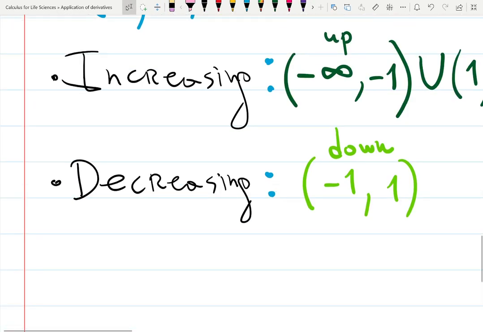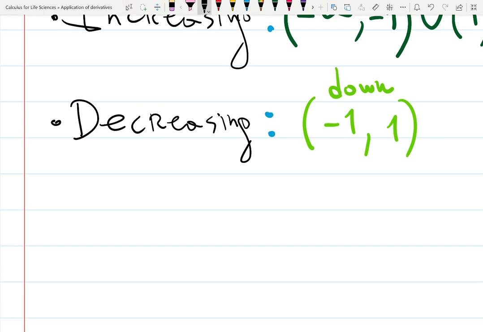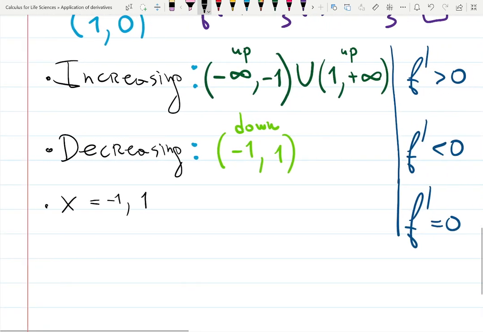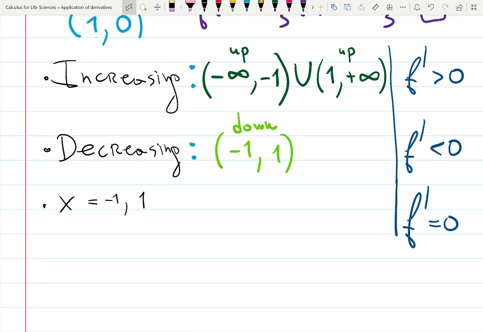So, just like you said, at x equals minus 1 and x equals 1, the derivative is 0. So not increasing, not decreasing. They call it a relative extreme value.